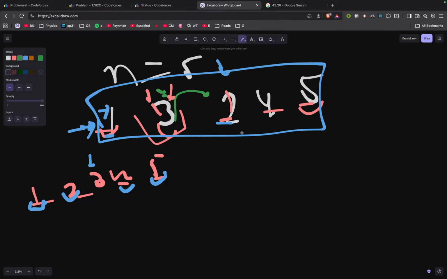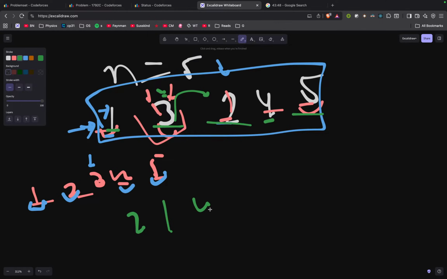For 1 and 5, we can use 2 and 4, and we will get 1, 2, 4, 5, 3.